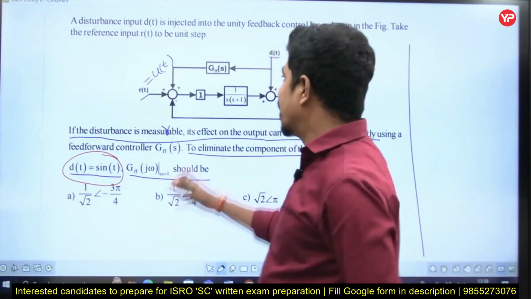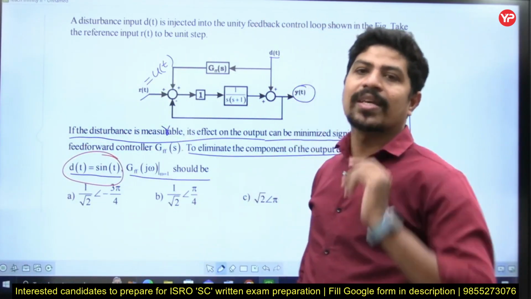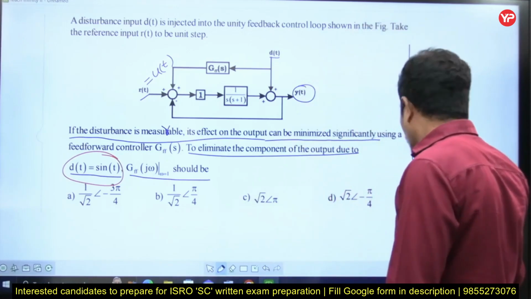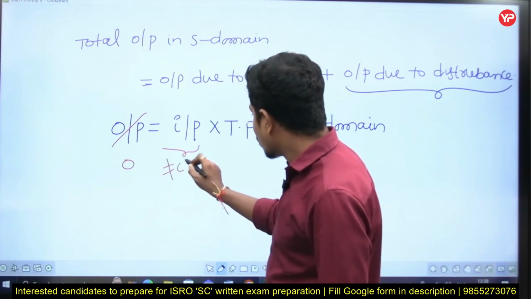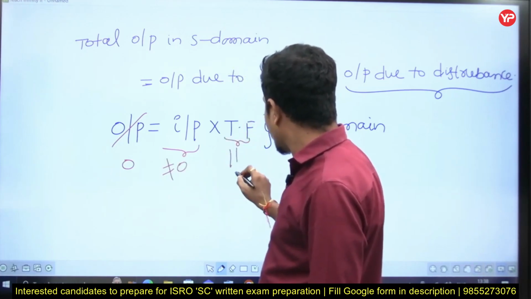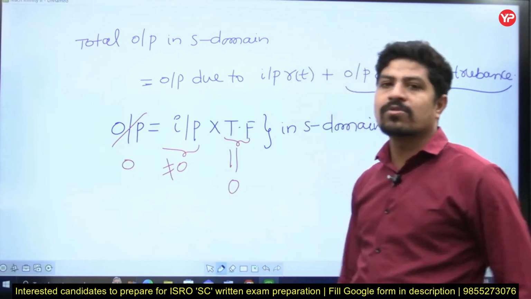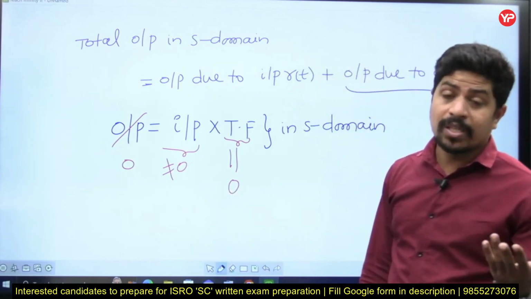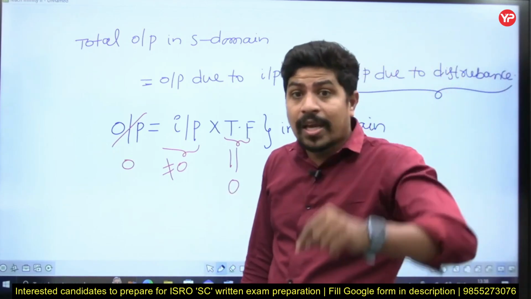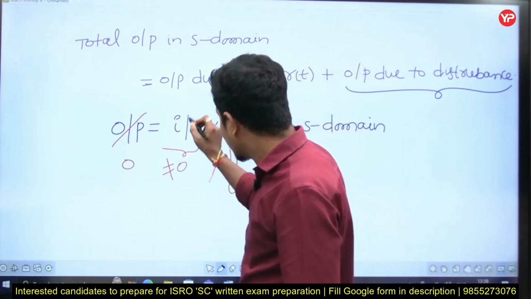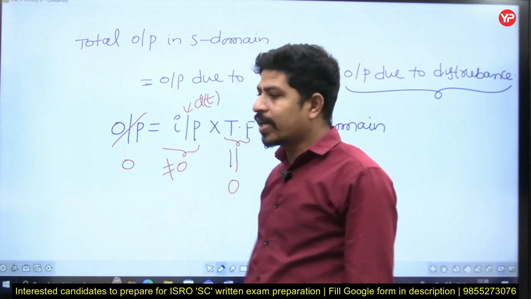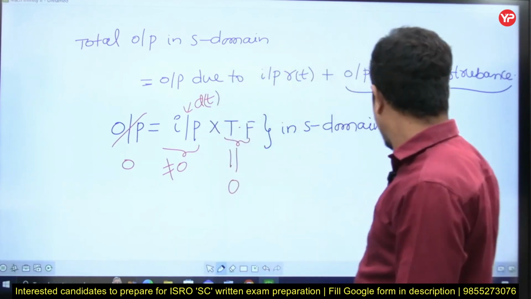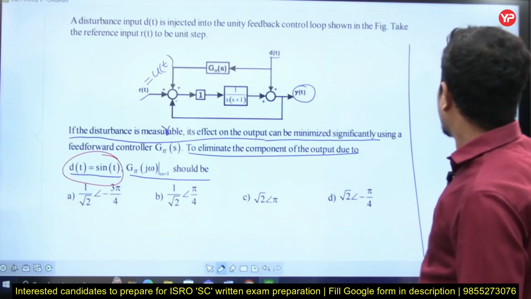It is not 0. If the disturbance itself is 0, we need not do this much analysis. Right? Now, to make the output equal to 0, this can't be equal to 0. Then what to do? The only option is to make the transfer function equal to 0. Find the transfer function and make that equal to 0. But I have to find that transfer function by taking the disturbance input d of t as the input.